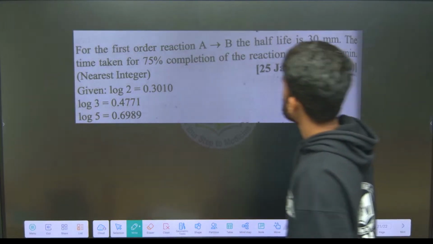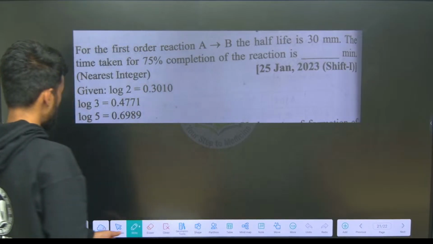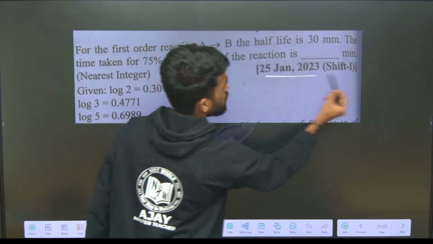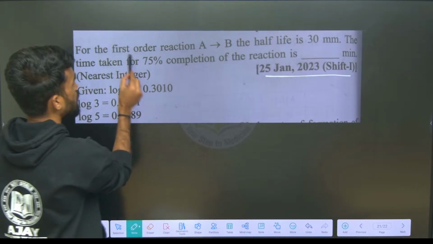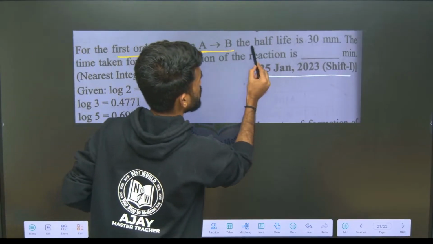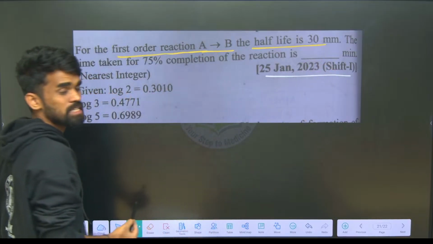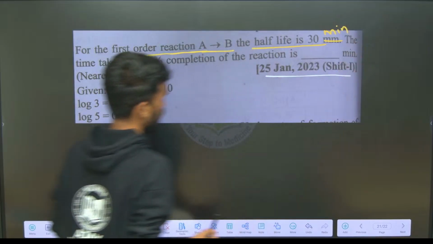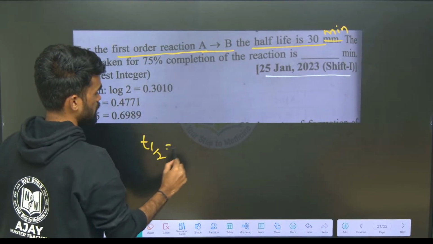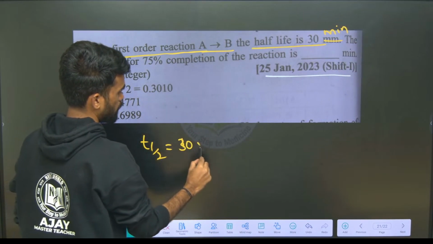So look at here. See this JEE Main 2023 question. The question says the first order reaction A to B, the half life is given as 30 minutes. So T half is given as 30 minutes.